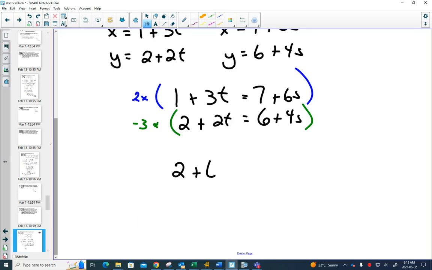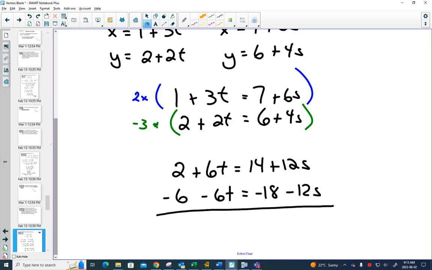Strategically make no mental math mistakes. Add your equations up. And you get the statement that -4 plus 0 happens to also equal -4 plus 0, which is always true.